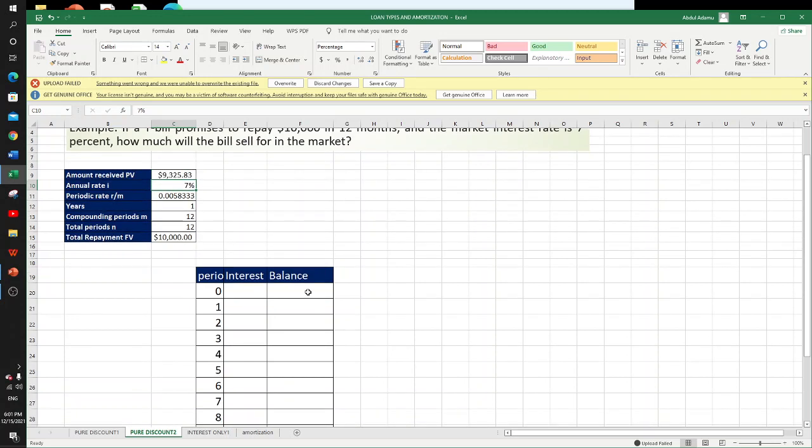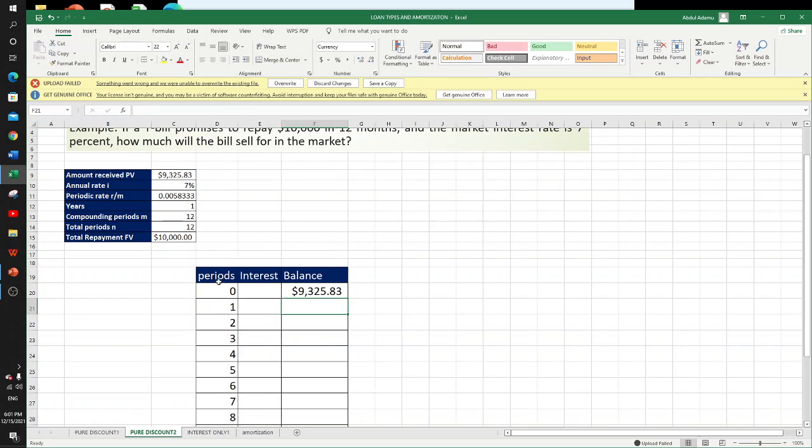Let's see how it will accumulate. Equals to, that is the price today at 0 period. That is the 0 period here. If we want to know the interest, this will be equal to this. First period, the interest will be times the rate, which is this. Enter. That is the interest for the first period.